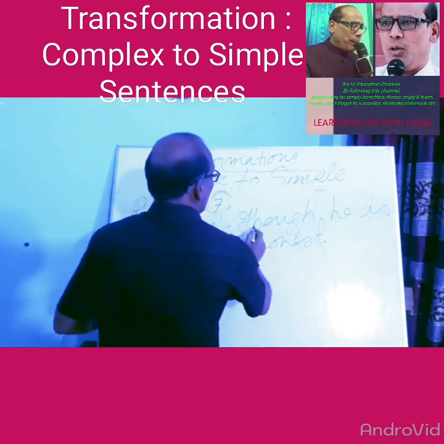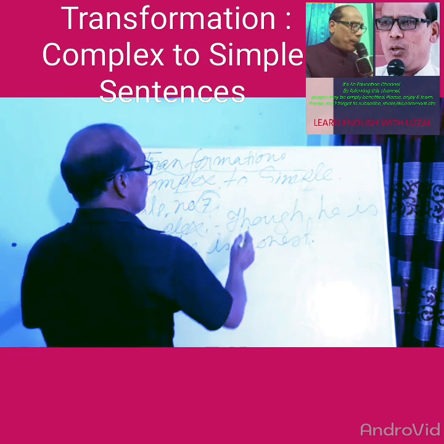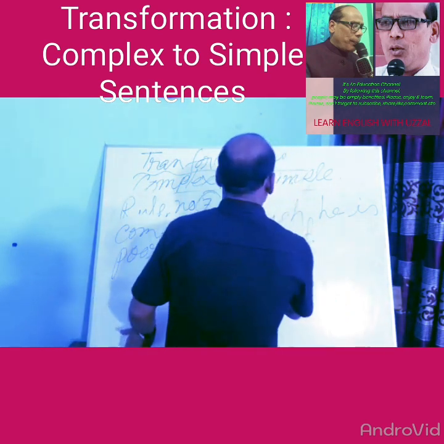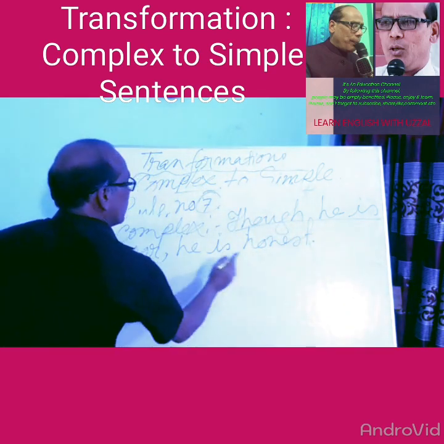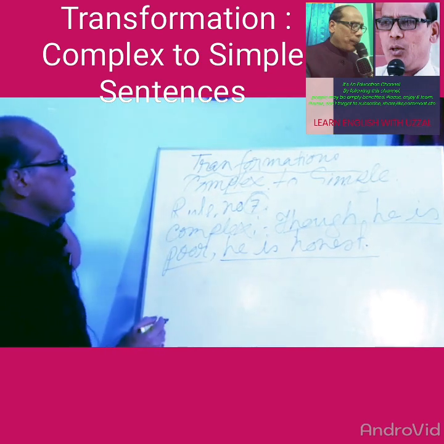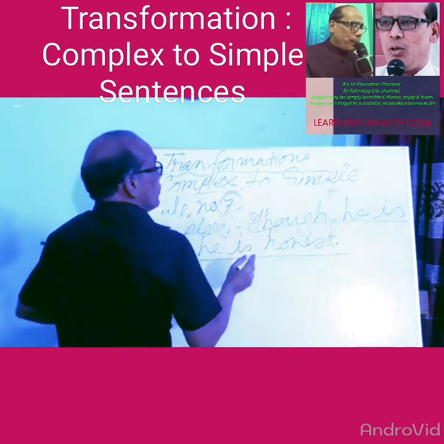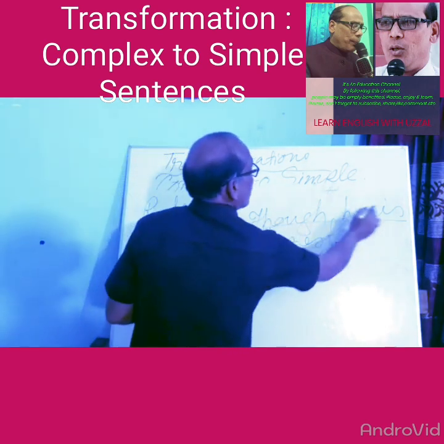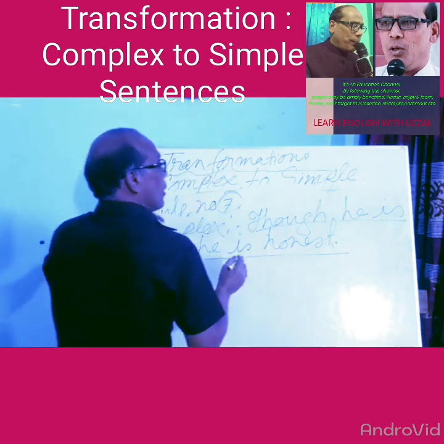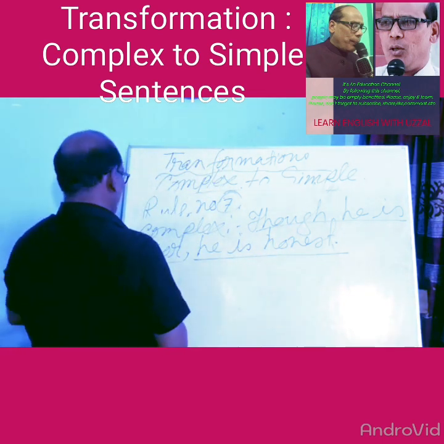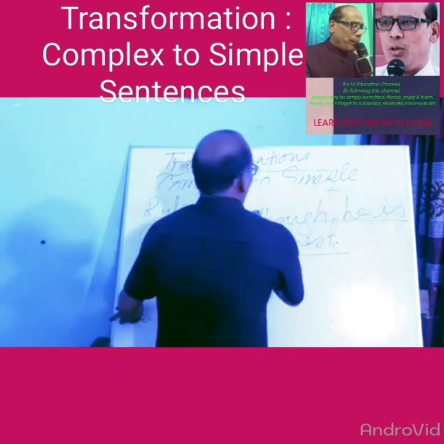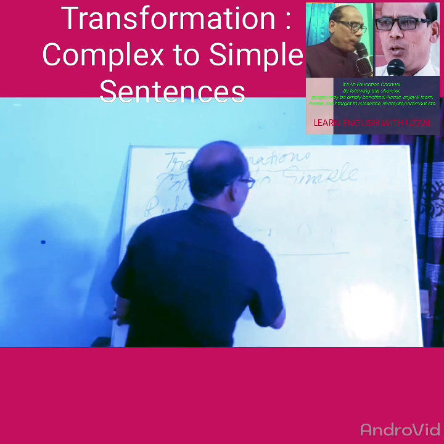Here we see the conjunction at the beginning of this clause. So this is the subordinate clause, and the clause without any conjunction is the main clause. So we'll have to change the first clause, that means the subordinate clause here: "Though he is poor", he is honest. Let us make it simple.